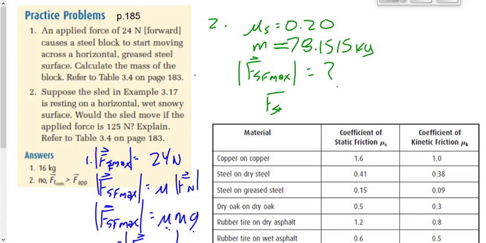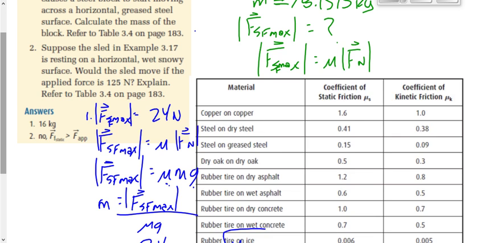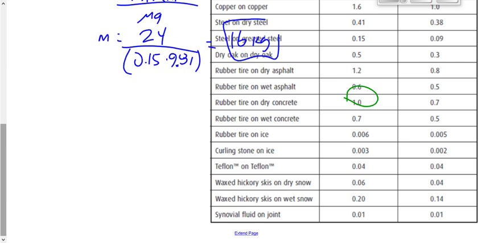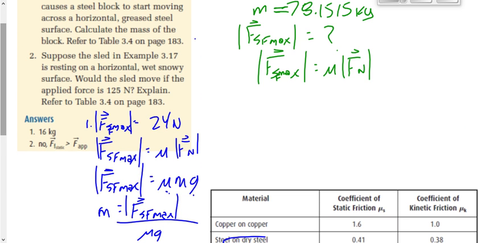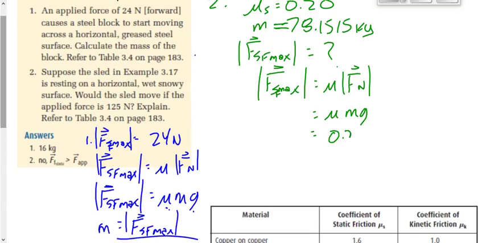FSF max is equal to mu times the normal force, which is the same thing as saying mu times m times g. Mu, we said, was 0.20. So 0.20 times 78.1515 times 9.81.